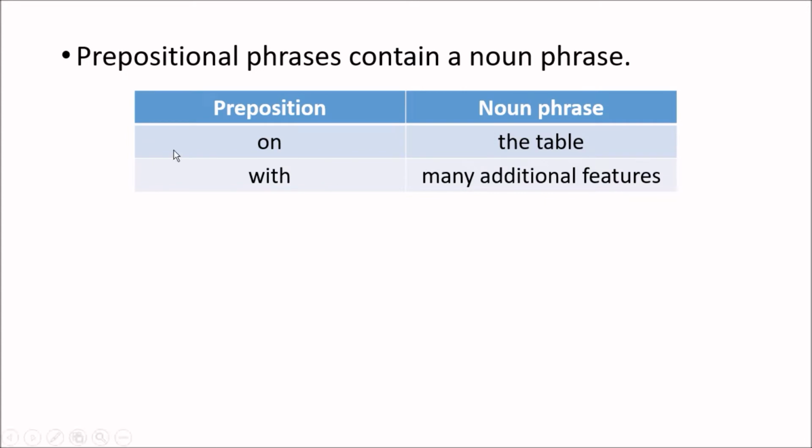You have on the table, and with many additional features. Now, when we talk about noun phrases, we have other elements, not just the noun, as in the first one it is table, not just features. We do have a couple more components, right? If you want to see it in a more detailed way, we can see it like this.